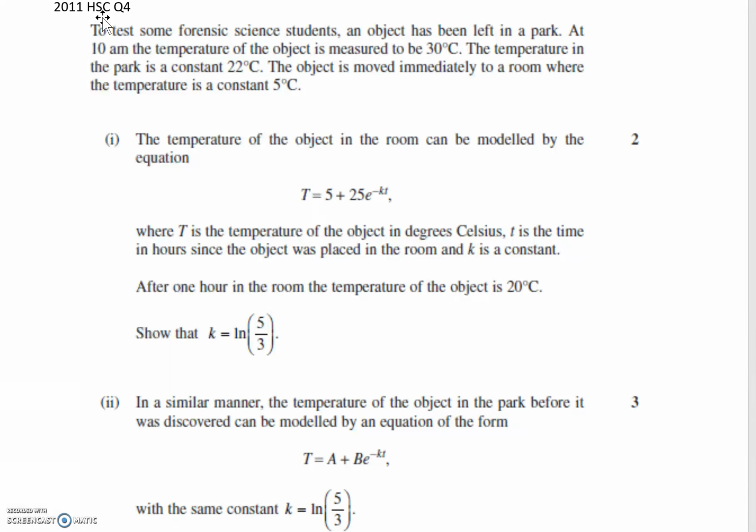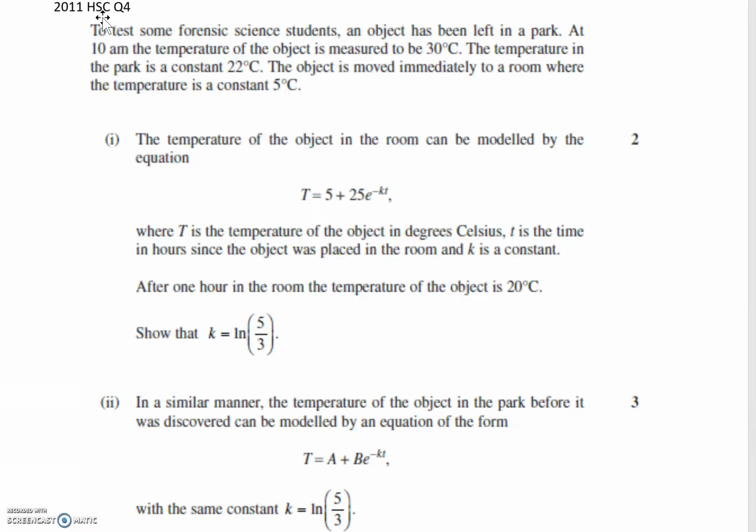Okay, let's have a look. It says to test some forensic science students, an object has been left in a park. At 10 AM, the temperature of the object is measured to be 30 degrees. The temperature in the park is a constant 22.